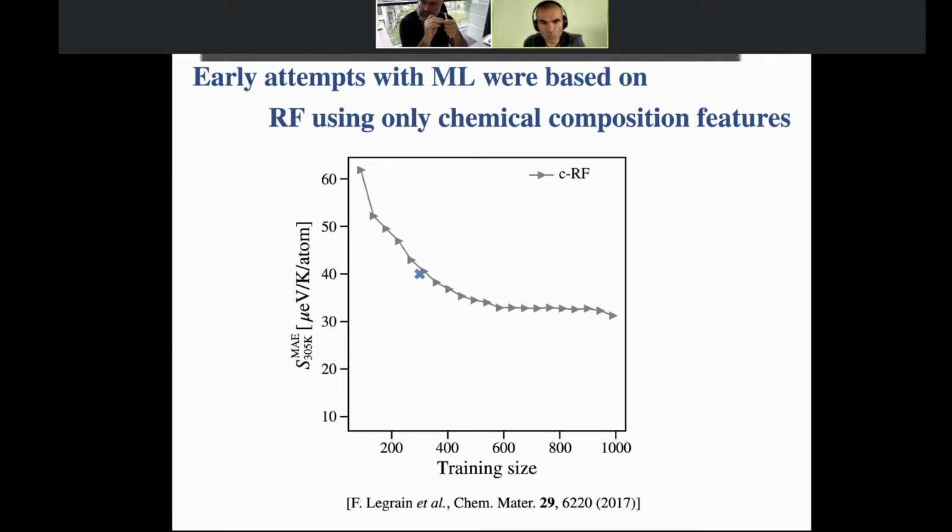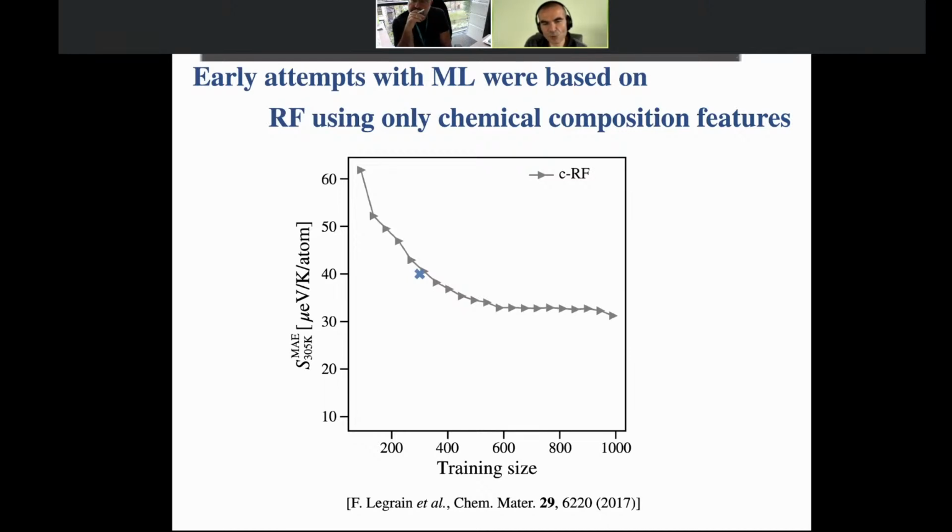So they trained their model based on about 300 materials, and they obtained a machine learning model for the entropy. And basically, the error that they're making is in line with what we have for a random forest that is based only on the composition, which is the C that you see there. CRF stands for a random forest that is based only on composition.